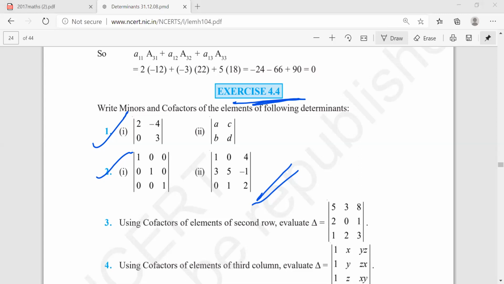Once you're done, ping me in the Zoom chat. Any doubt in this, let me know.